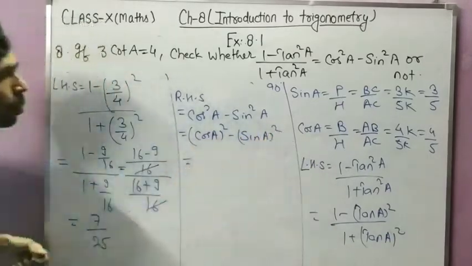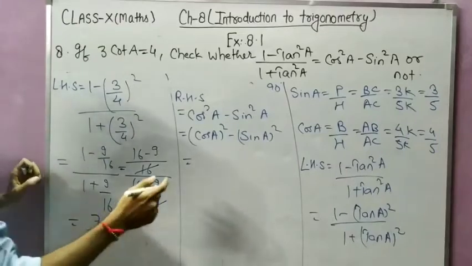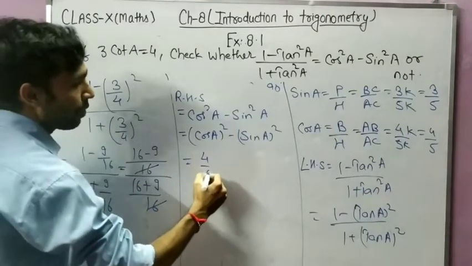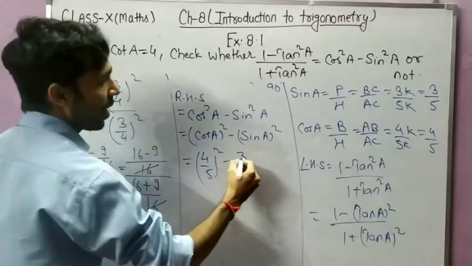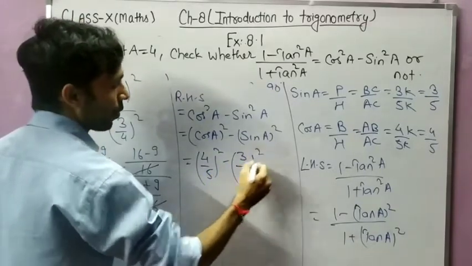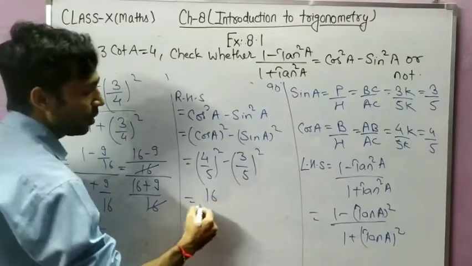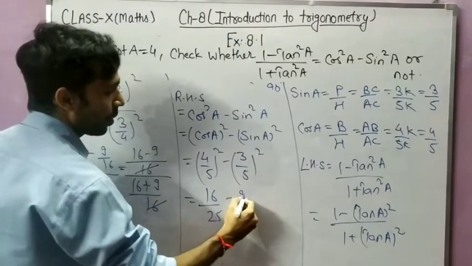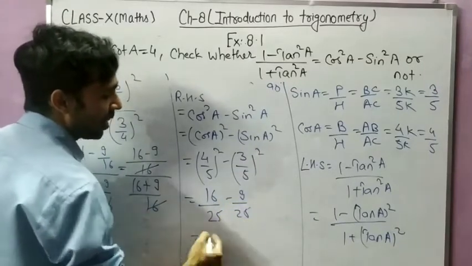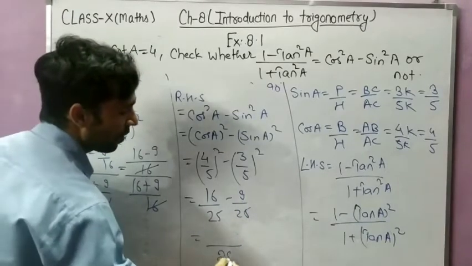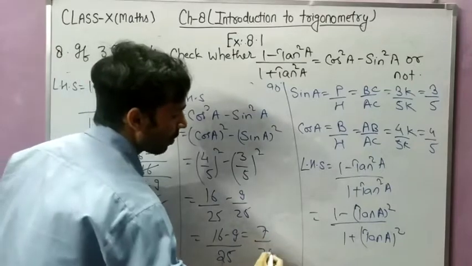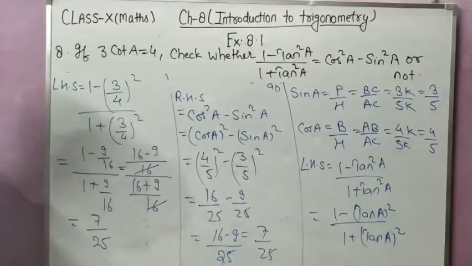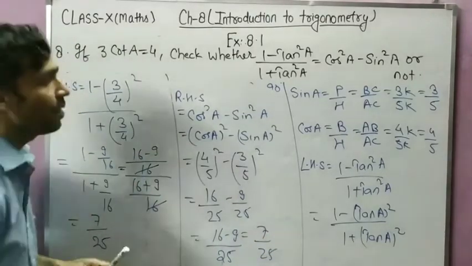Okay, now put the value of cos A. The value of cos A was 4 by 5 square, and the value of sin A was 3 by 5 का square. Okay, so it will become 16 by 25 minus 9 by 25. So by solving, their LCM will be 25 only, and it will become 16 minus 9, so 7 by 25. So see, student, RHS also comes equal to 7 by 25.